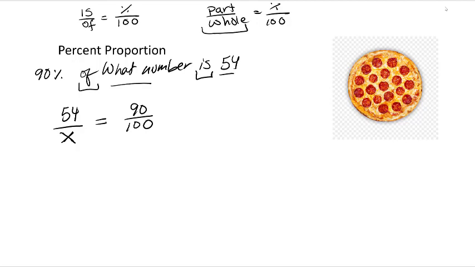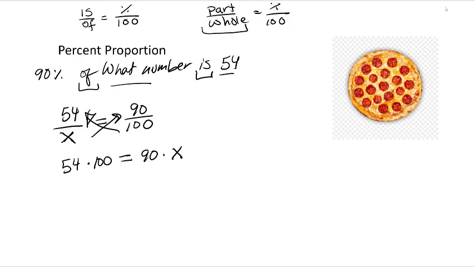How do we solve this? Again, we will cross multiply. So we have 54 times 100, right? Multiply here, then we cross multiply the other side, equals 90 times x. Okay, what's our next step?